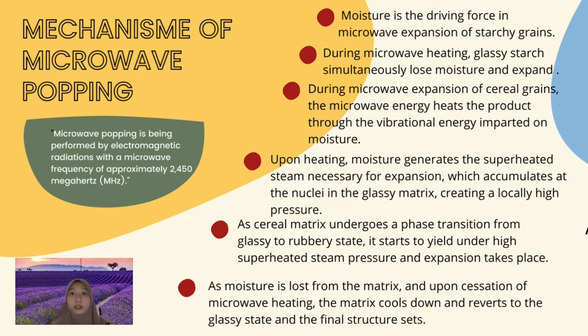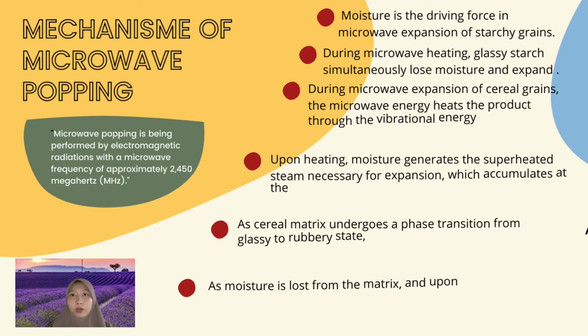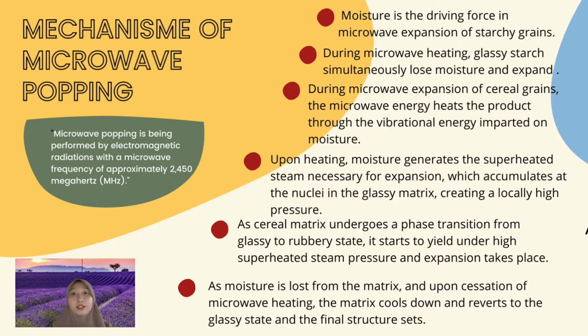First, moisture is the driving force in the microwave expansion of starchy grains. During microwave heating, glassy starch simultaneously loses moisture and expands. During the microwave expansion of cereal grains, the microwave energy heats the product through the vibrational energy imparted on moisture. Upon heating, moisture generates the superheated steam necessary for expansion, which accumulates at the nuclei in the glassy matrix and creates a locally high pressure.